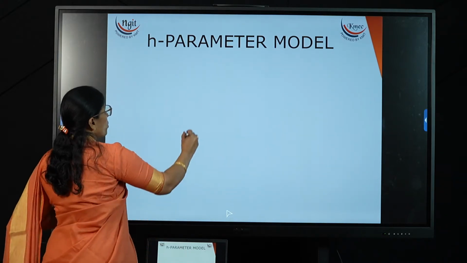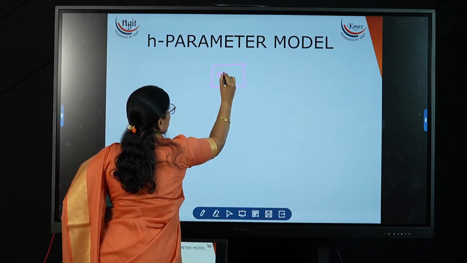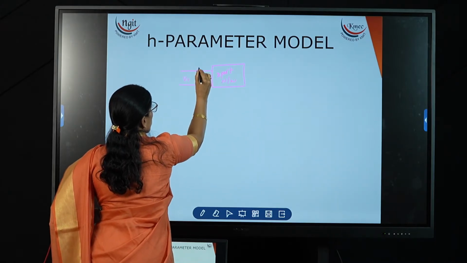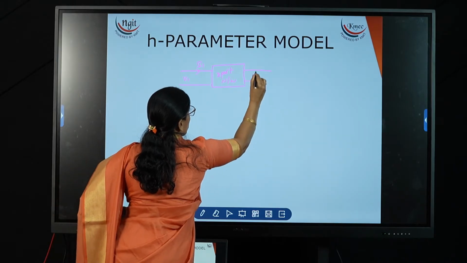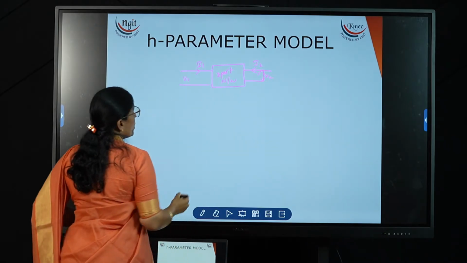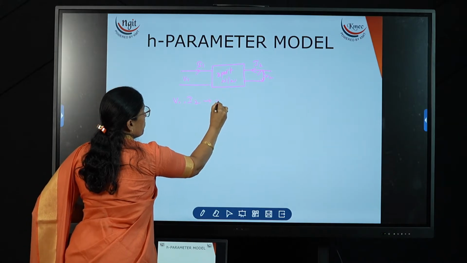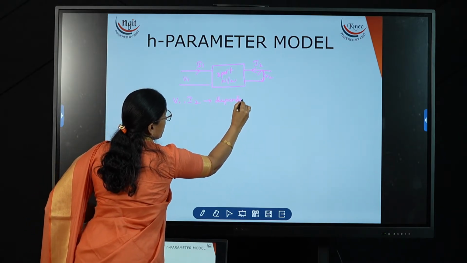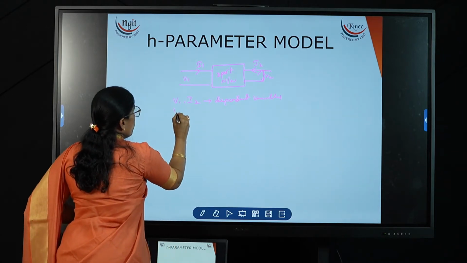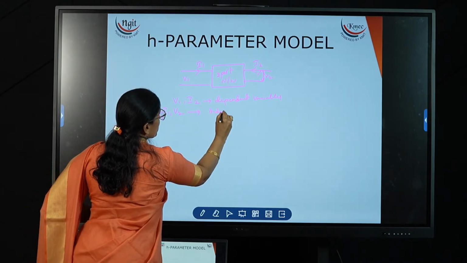Now if I take a 2-port network, the input voltage is V1 and the input current is I1, the output current is I2 and the output voltage is V2. Here V1 and I2 are the dependent variables, and similarly I1 and V2 are the independent variables.